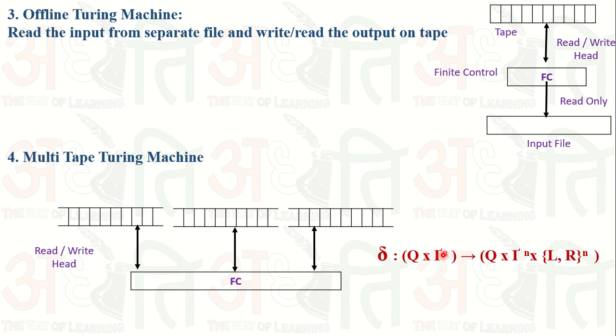So the transition function is like that: when there is an input state and a particular top of the stack value, we get a next state and another top of the stack value, and we move left or right on the particular head, n1, n2, n3. So we can also have multi-tape on a Turing machine.